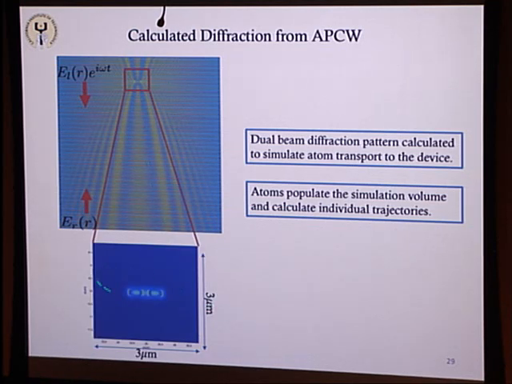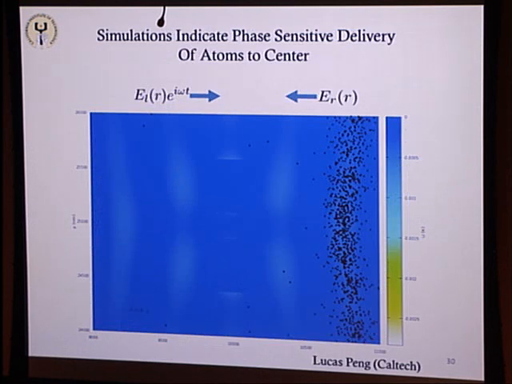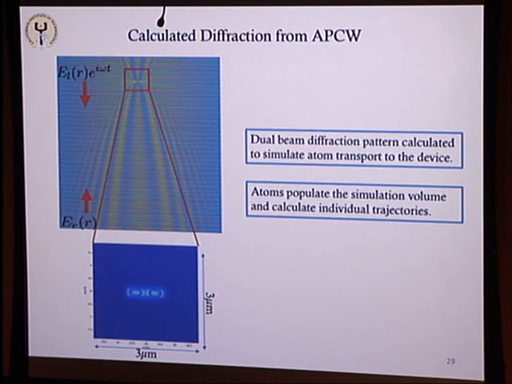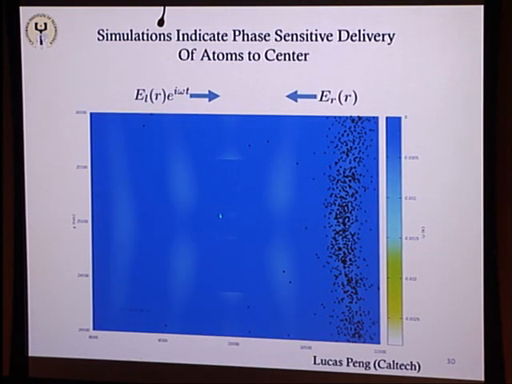And so here are the two beams of the waveguide coming out of the page at you. And this is a zoom in here. This is a simulation of these atoms as they interact with this system. So you maybe can make out these are the two beams here and here.